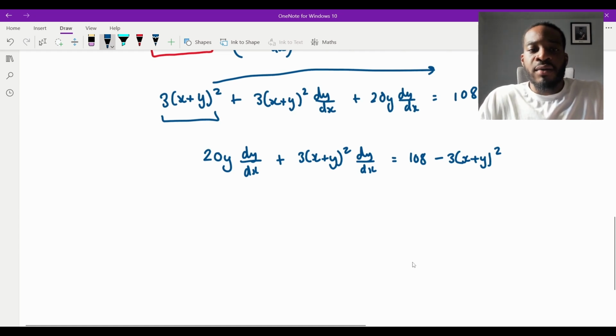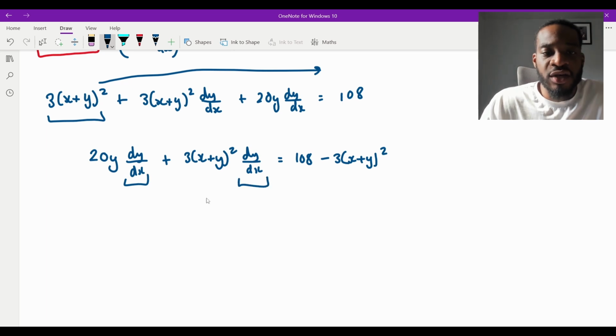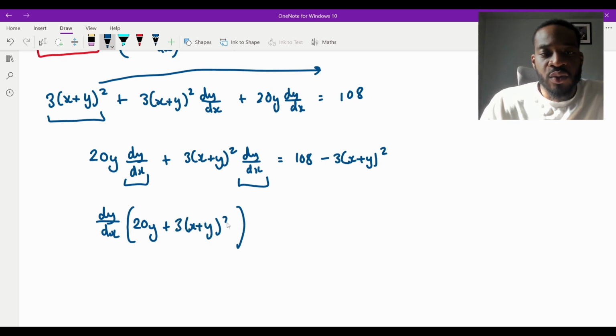And now, what can I do from here? I can factorize out, I can factor out a dy dx from both of these terms here. So it'll be dy over dx, and then in a bracket, it will be just 20y plus that term there, 3 and then x plus y all squared. And this will equal 108 minus 3 lots of x plus y all squared.